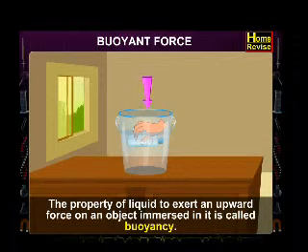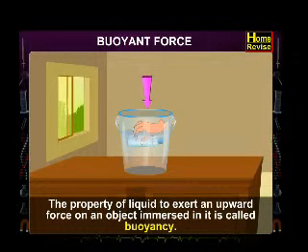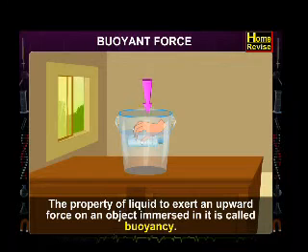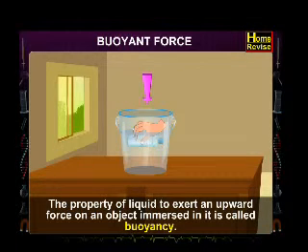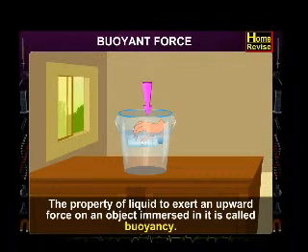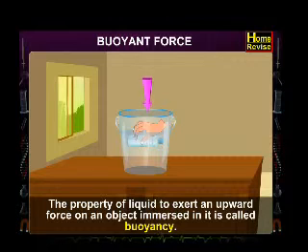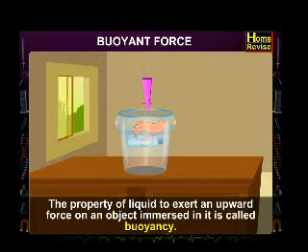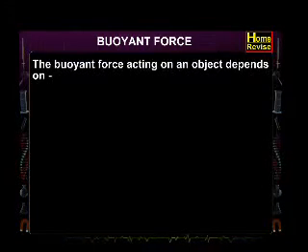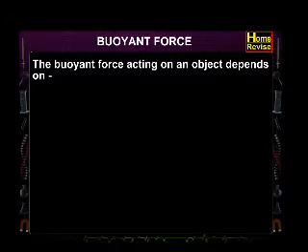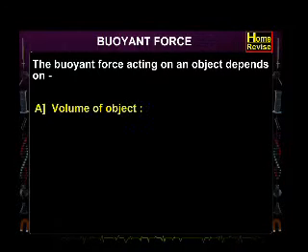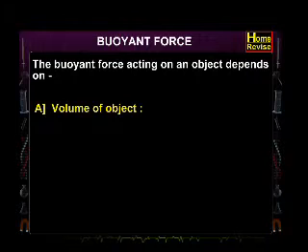The property of liquid to exert an upward force on an object immersed in it is called buoyancy. The buoyant force acting on an object depends on A. Volume of the object.